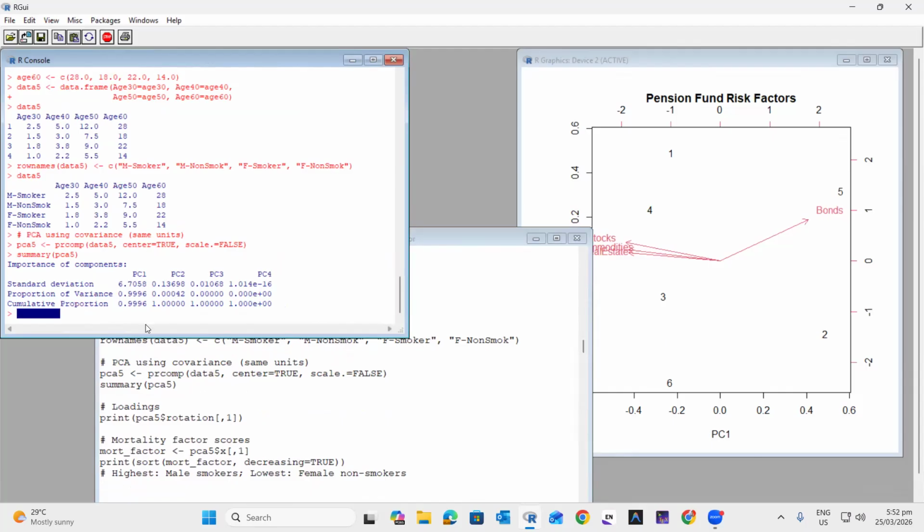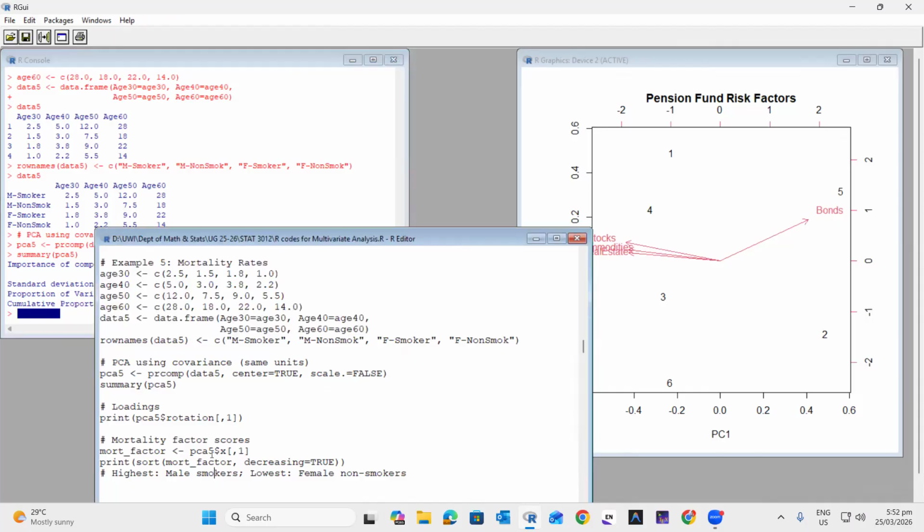In this example, PC1 is explaining 99.96% of the variance, and the other principal components, principal component 2, 3, and 4, are almost negligible. This is because the mortality rates at different ages are highly correlated.